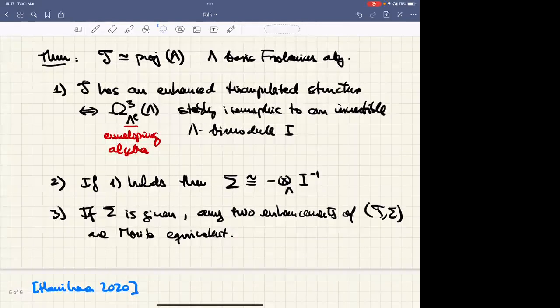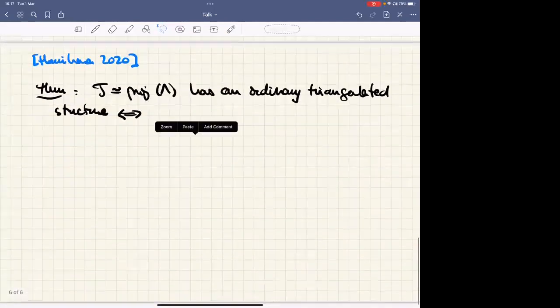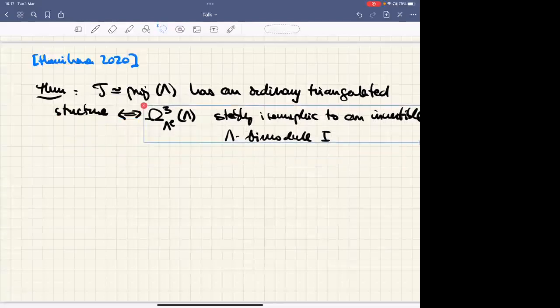So the very same condition, okay? If and only if this condition holds.